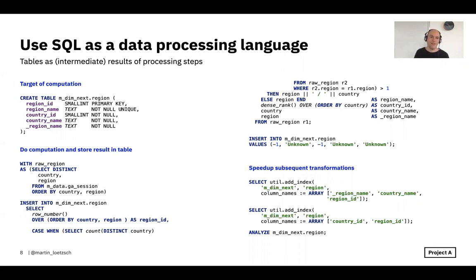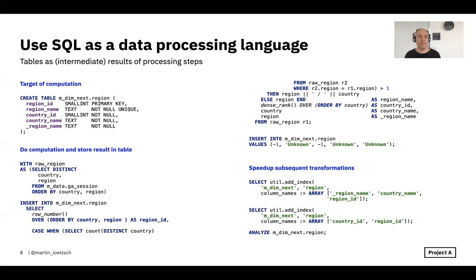If you just do create table dimnext region as select, then you have to add these constraints later on, and you might have to do explicit typecasts. So you don't have to do that. You can do create table whatever as select from something else, but I would say it's a bit less robust.